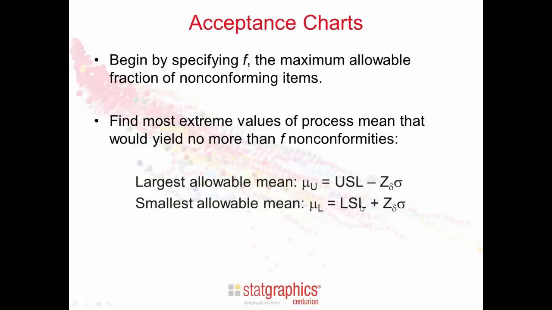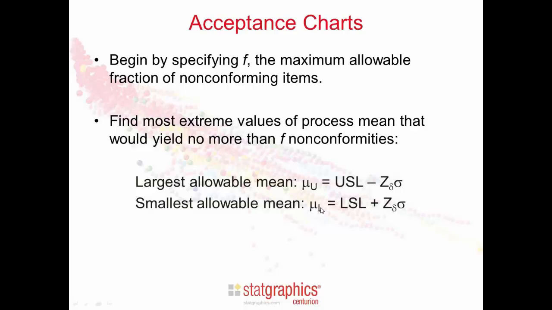Likewise, we'll start at the lower specification limit and add some multiple of sigma. Again, ensuring that we're far enough from the spec that there are no more than F nonconformities. And then we'll base our control limits upon these mu's, mu u and mu l, instead of the overall process mean.